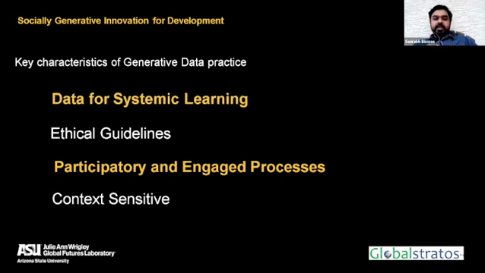And then finally, we discussed why it is important for data collection processes and methods to be context sensitive. Every context is different because of its geographical location, because of its culture and history, and because of the people that live there.